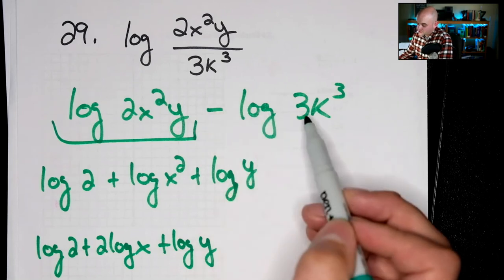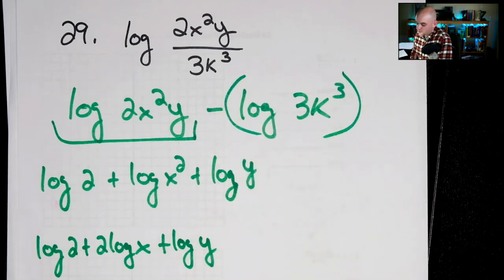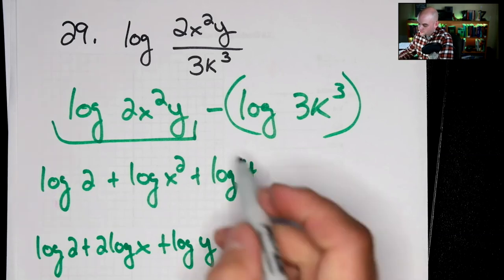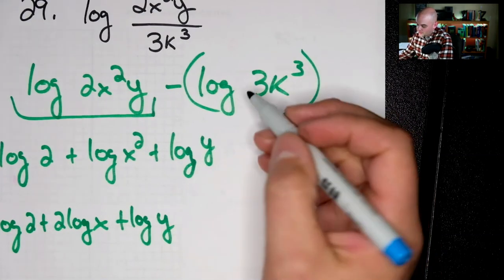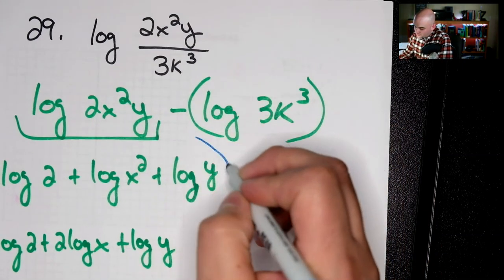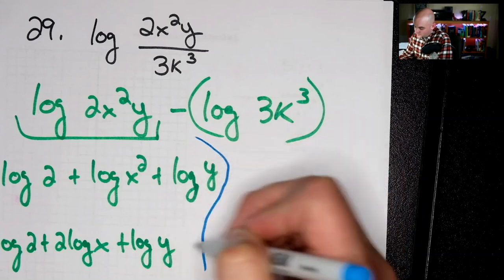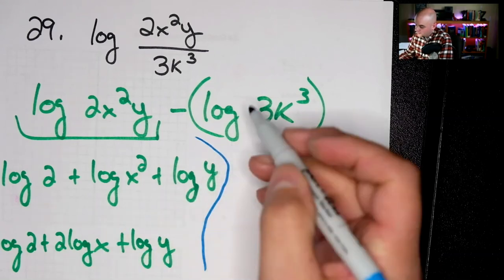And then I need to subtract all this. If it helps, remember that last problem we said wrap it in parentheses. You can go ahead and do that from the get-go. And maybe you won't forget to do that later on. And I'm going to do this side over here in blue just so it doesn't get all jumbled up with the work we've already done. So if it helps you, we can draw a line there, but don't forget, it's all going to get put back together.